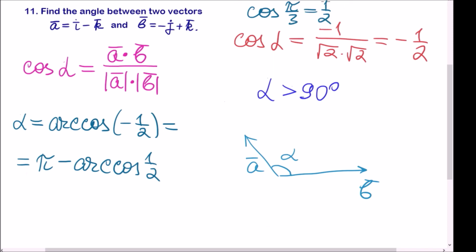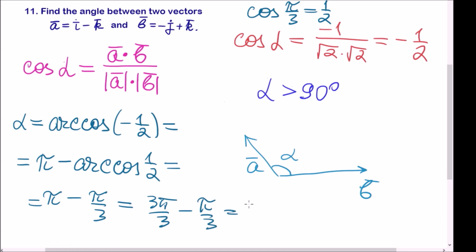So arc cosine of 1 over 2 is pi over 3. So we have pi minus pi over 3, or 3 pi over 3 minus pi over 3. It will be 2 pi over 3. It's our answer. The angle between the two given vectors is 2 pi over 3.